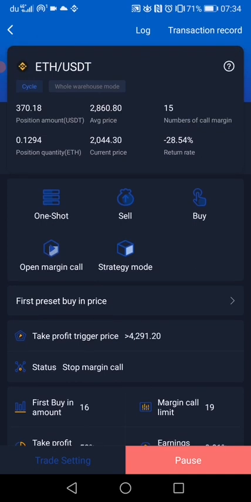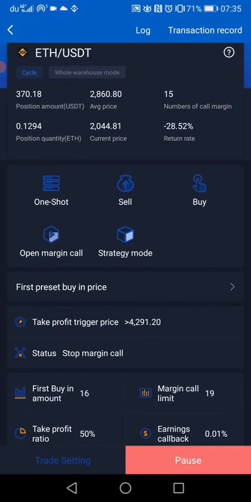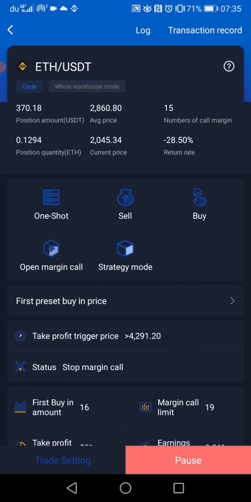The second thing is the average price. What is the average price? Average price, as its name simply means, is the averaging of all the total buys I have done. Because as I continue to buy, the system aggregates the total quantity, then it aggregates the total cost.